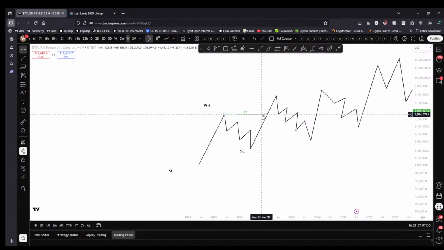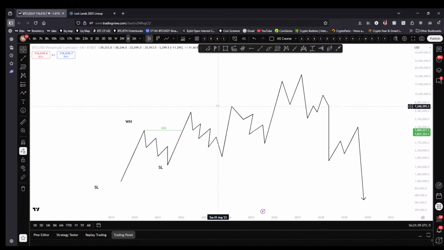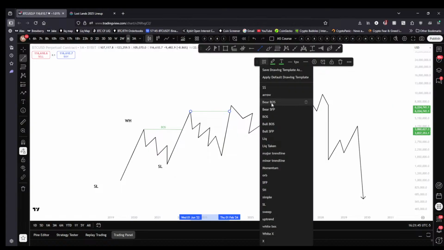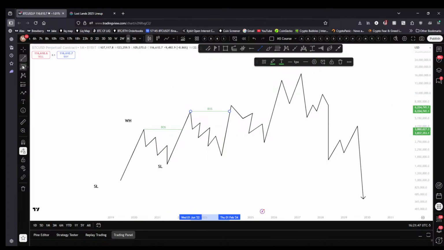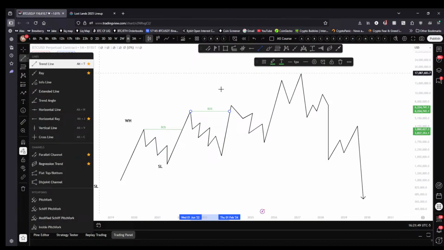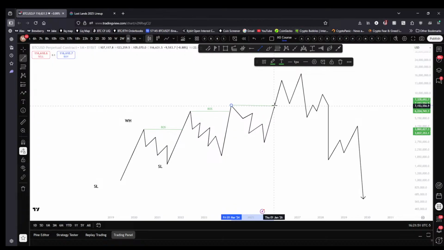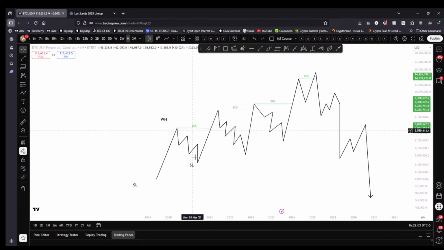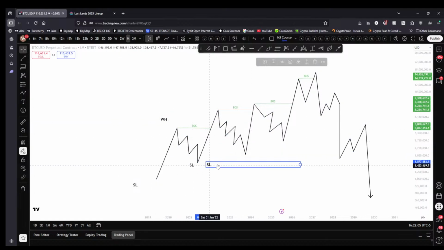Now, where else do we see break of structures on the way up? Let's mark those, right? So we have a break of structure here. And we have a break of structure here. And we have a break of structure here. Now, what's something that we notice in here, right?